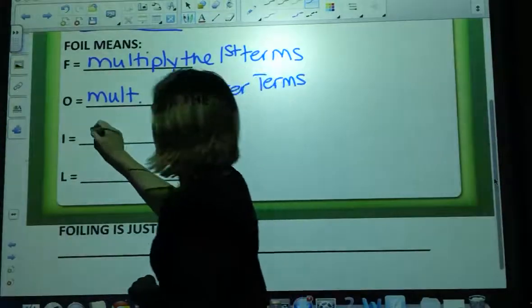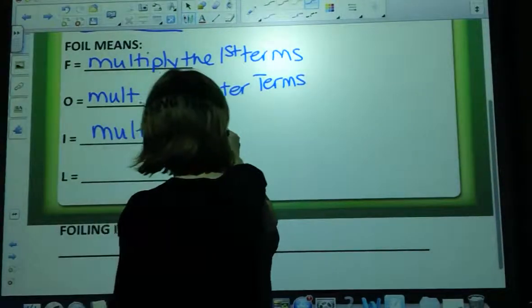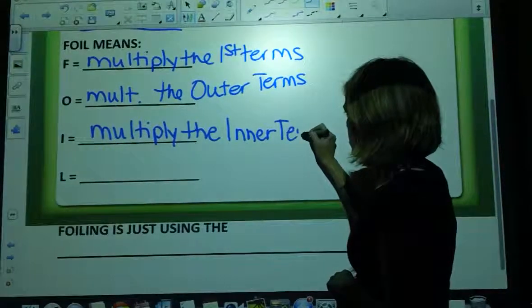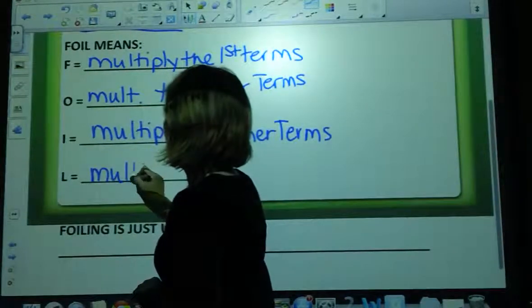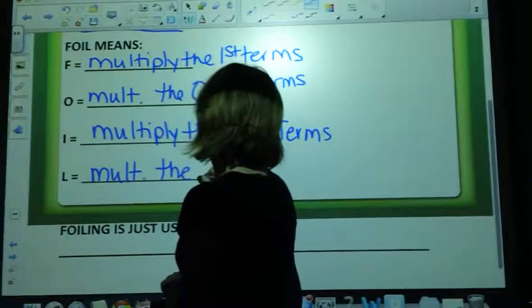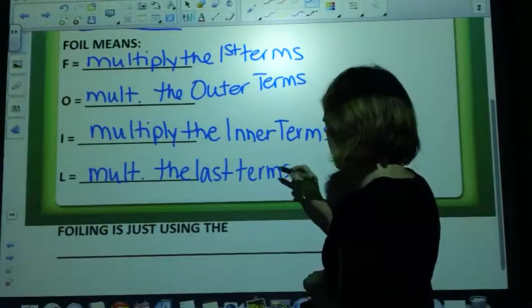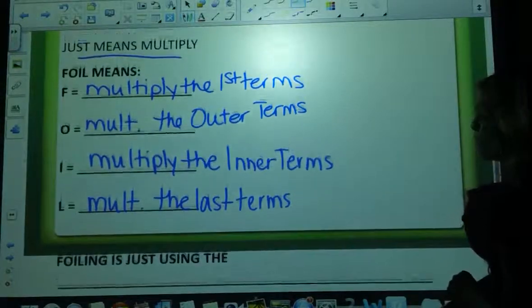I means multiply the inner terms. L means multiply the last terms. Okay, I'm going to leave that up there, and I'm going to look at the first example, and I'm going to put the first example over here so you guys can see what I mean.